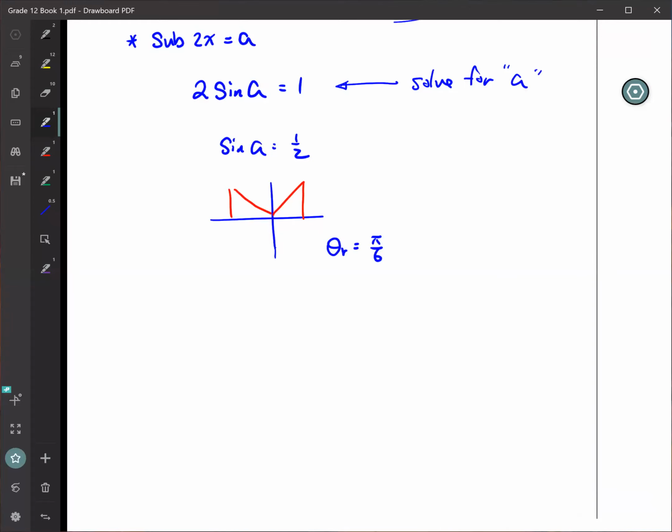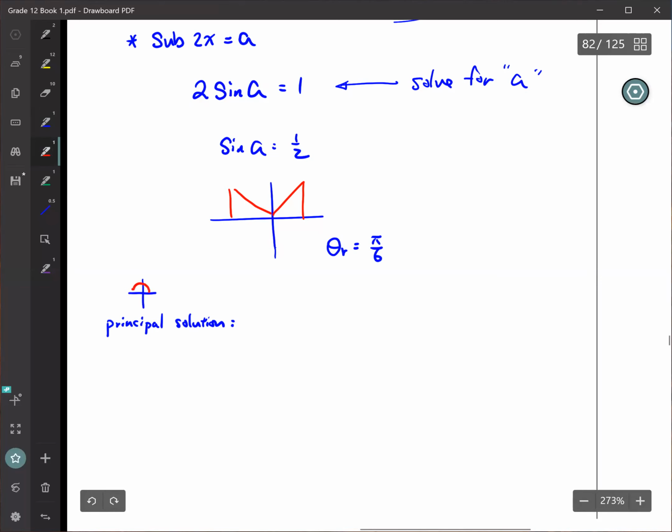When we are finding a, we find the angle within one circle. We call that the principal solution. Principal solution means all the answers within one circle.